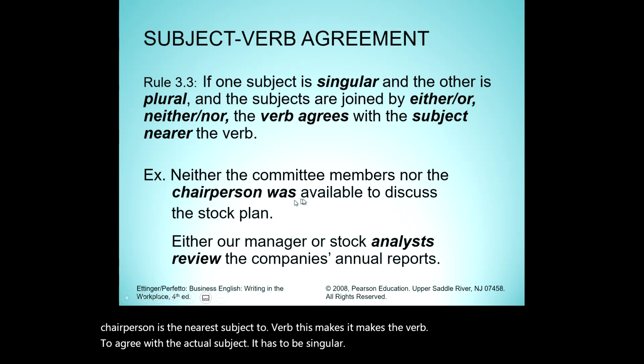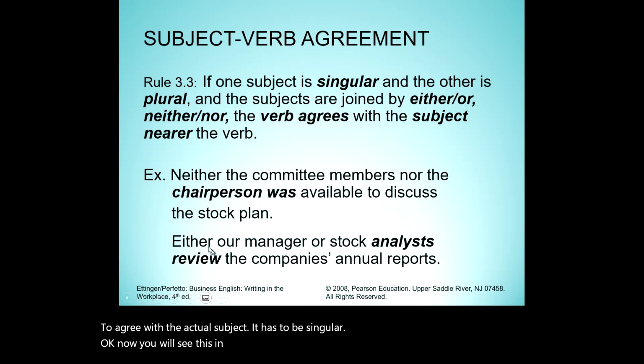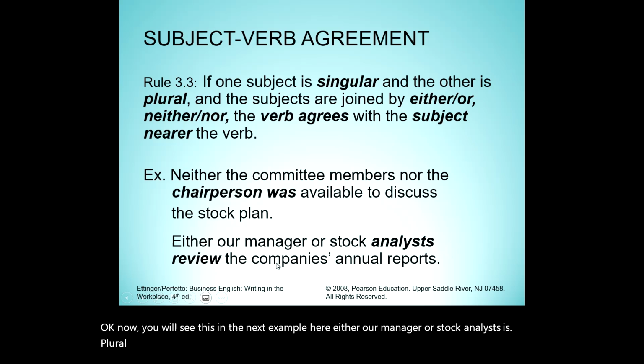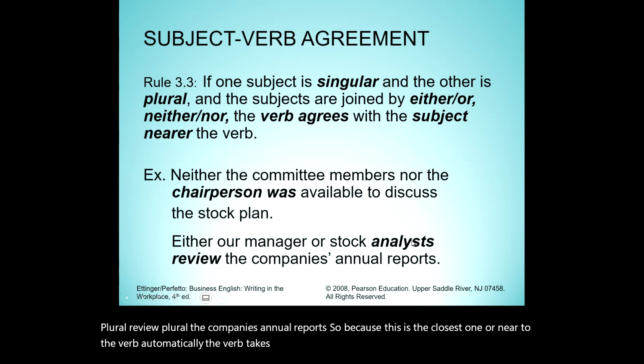Okay, now you'll see this in the next example here. Either our manager or stock analysts, analysts is plural, review, plural, the company's annual reports. So because this is the closest one to the verb, automatically the verb takes the agreement with that subject and not the singular one.